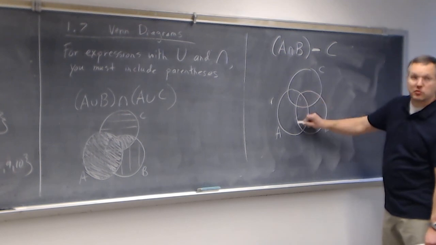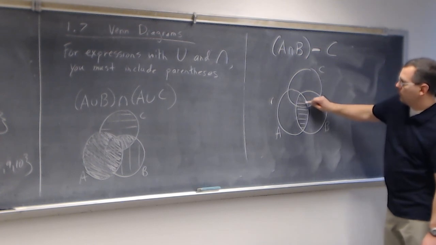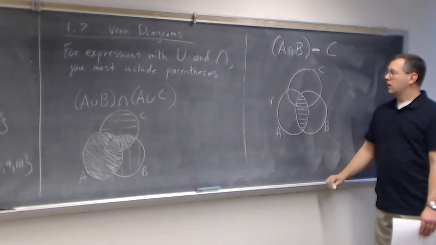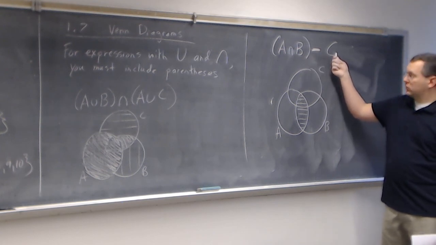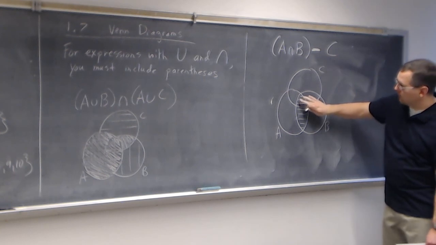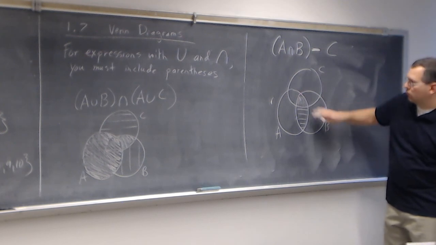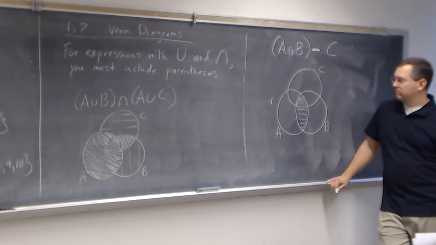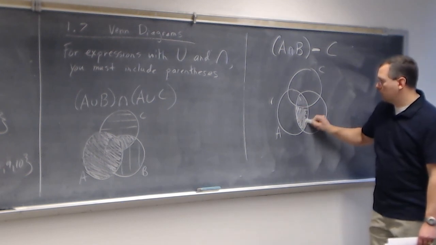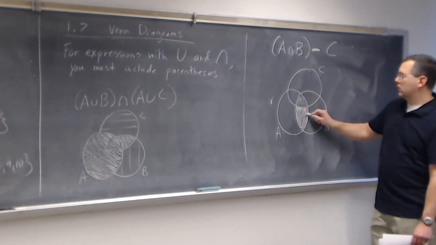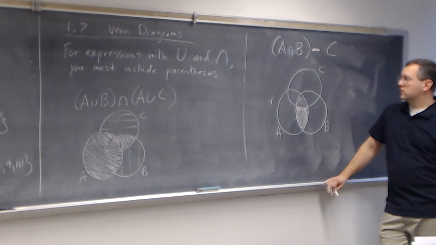This, where A overlaps with B, right? So I'm going to shade. Okay, there's A intersect B. And what do I have to take away? Anything that's in C. So which part's also in C? Right here. So I have to erase. Hope you're not using pen. So let's do this region right here. That's the Venn diagram for A intersect B minus C.